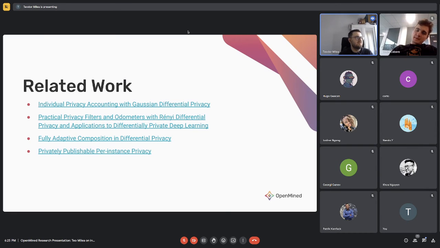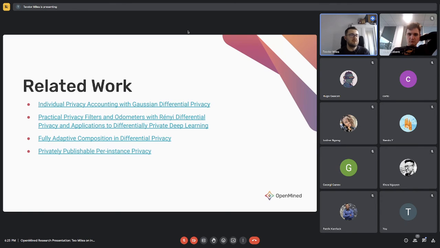And lastly, we have privately published per-instance privacy, or PDP, and somehow they have a similar idea. They acknowledge, hey, parameterizing over the whole dataset may be inefficient. Maybe we lose a bit on the budget there. Let's try to avoid it. Let's try to do it per instance instead. And yeah, I think they also have a lot of different analyses, I think also for cumulative DP.